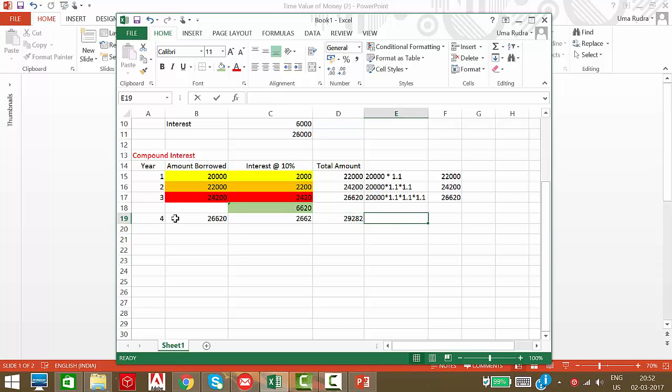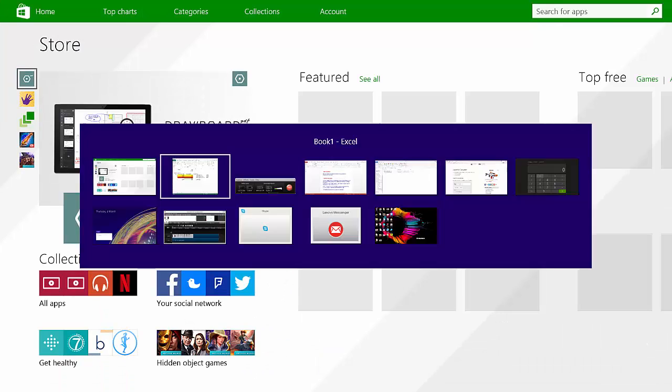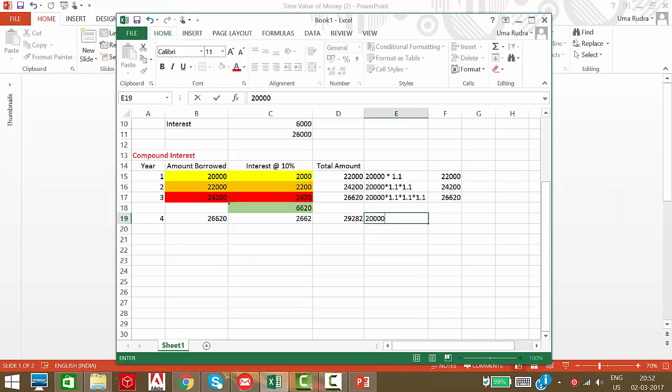That is nothing but the original principal into 1.1 into 1.1 into 1.1 into 1.1. Isn't it so? So 20,000 into 1.1 into 1.1 into 1.1 up to this is nothing but 26,620.